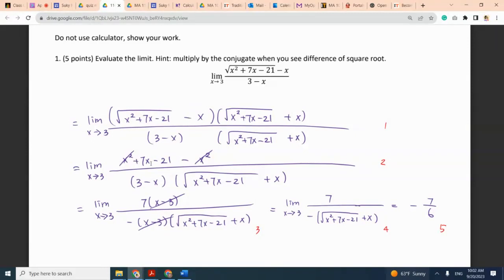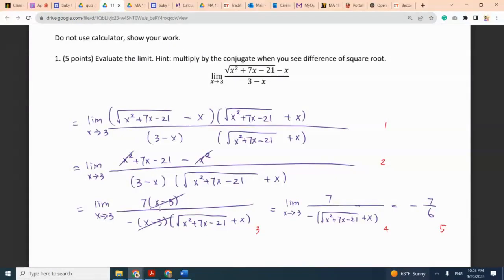Then x squared plus 7x minus 21 minus x squared. Don't forget to square this x. Because now you cancel the x squared. The 7x minus 21 has a common factor 7. You factor out the 7, and then we have x minus 3 left.